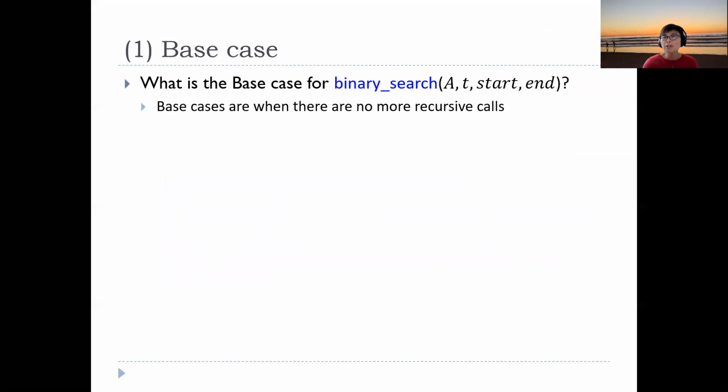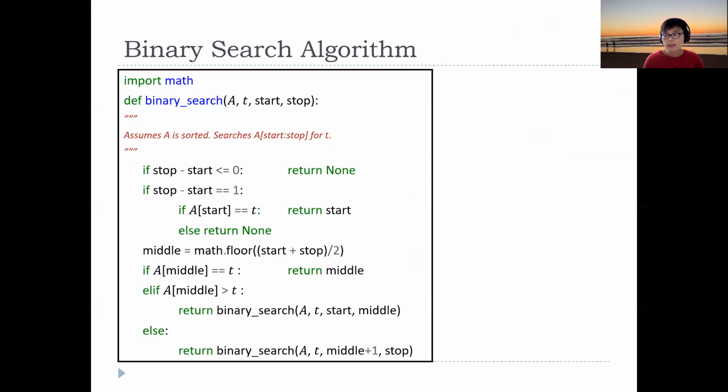Okay. In the binary search, what is the base case? Well, base case means that there are no more recursive calls. Because if there are recursive calls, you have to go down into that function. So it means there are no more recursive calls. You can solve the problem now. And if you remember the algorithm we have, the base case is when this happens.